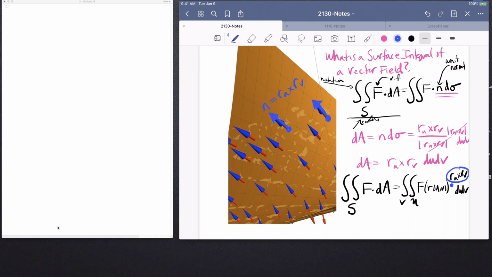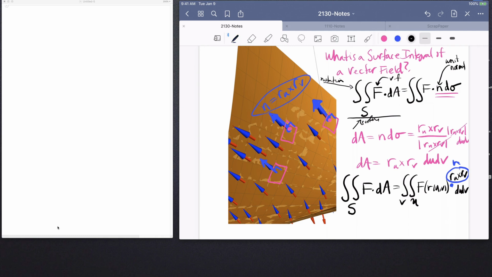Not necessarily a unit vector in this case, but the vector that points in the direction normal to the surface. Each of those vectors is normal to a little tangent plane of the surface at that point.